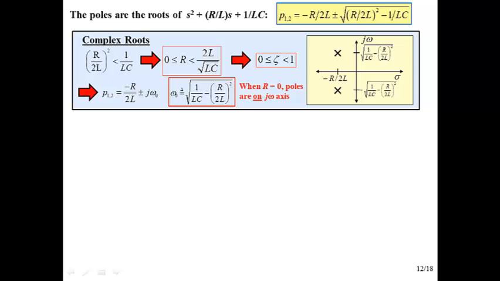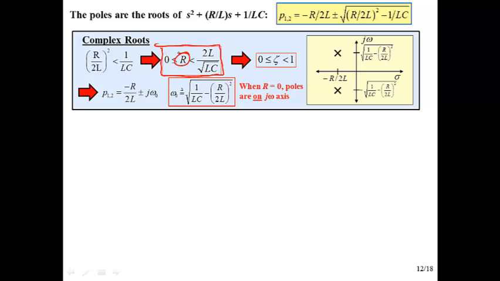So let's look at these three cases that we could have. Complex roots will occur whenever the thing inside this quadratic ends up being negative, because then we'll end up taking the square root of something that's negative and we'll get an imaginary part. So this would be the real part of the root, and then we'd have the imaginary part. So that happens whenever this condition holds.